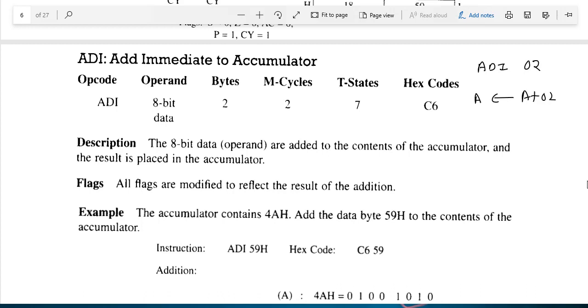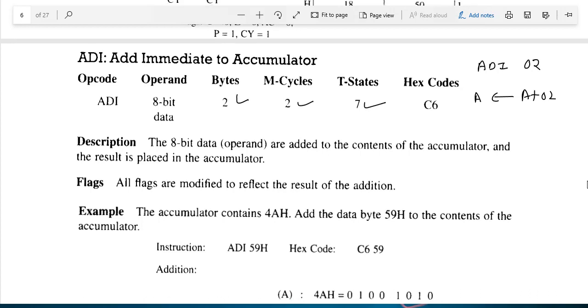Since it has two bytes, it has two machine cycles. One is opcode fetch and the other is memory read, and there is no other machine cycle because all the things happen within the processor. So it has 2 bytes, 2 machine cycles and 7 states.